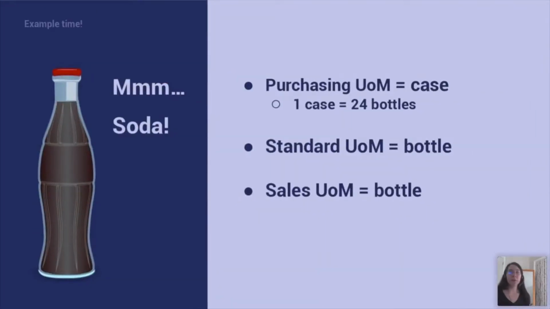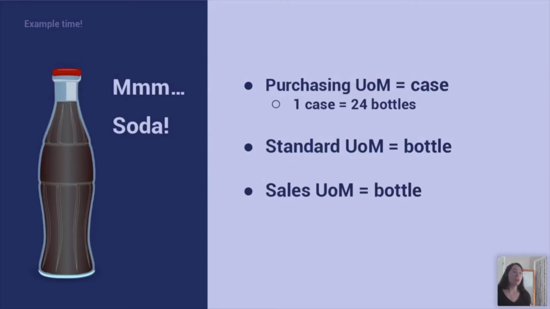The first example we'll do is, if you can imagine, we sell soda pop, and it so happens that my vendor only sells me the soda pop in cases. So my purchasing unit of measure is case, and each case has 24 bottles.